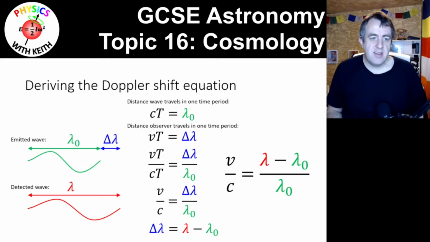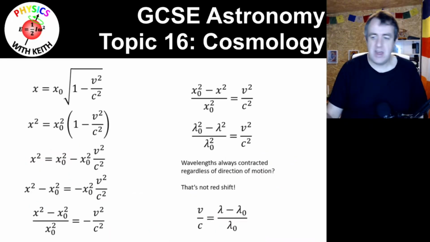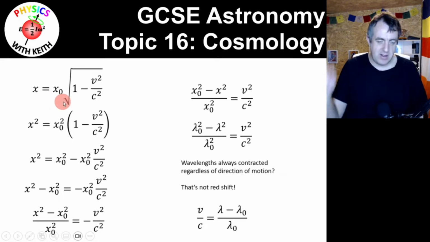Is there a better derivation? Well, maybe. And I'm just going to flash this up here for a second, just because this is fun. This equation here is your length contraction equation based on special relativity. Below that, we've got what happens when we square that equation, then multiply it out, and you can follow the maths here.